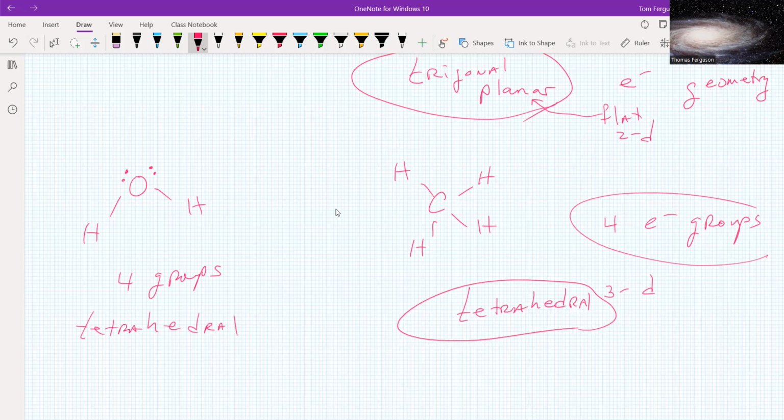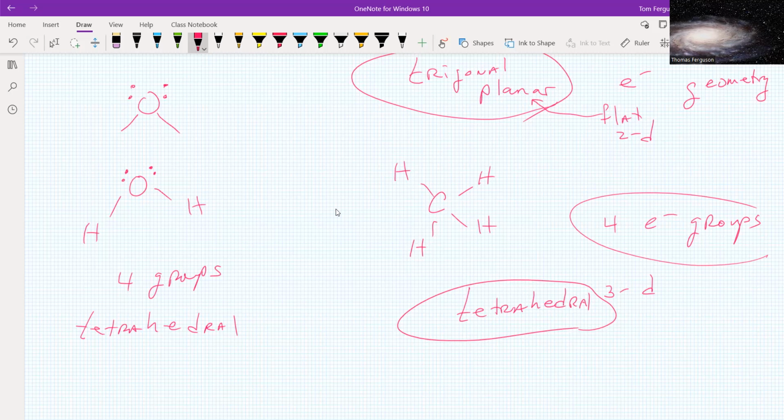So when we look at this first level of organization, you can take your fingers and cover the atoms. You're just looking at the bonds, the electron groups, not the attached atoms. So really, that's the part of water we're looking at. No hydrogens attached.